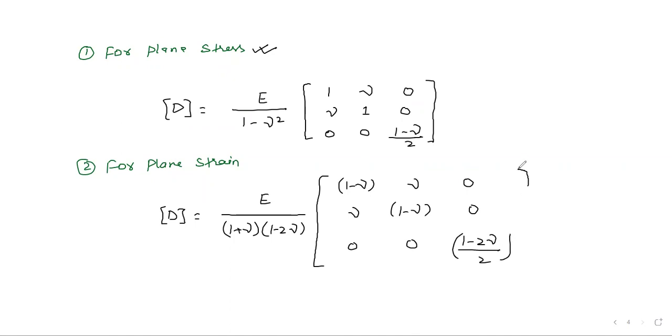This will be our D matrix. Everything will be given. The E value will be given, the nu value will be given. E is your Young's modulus, and nu is your Poisson's ratio.